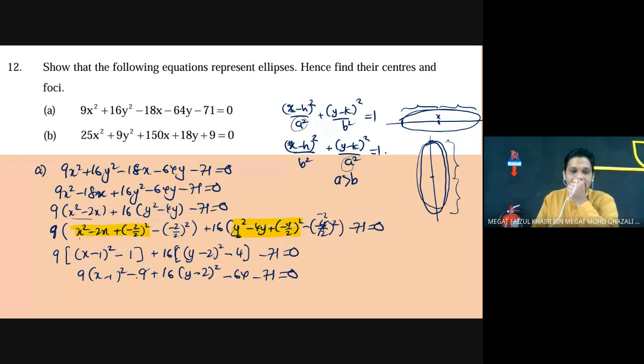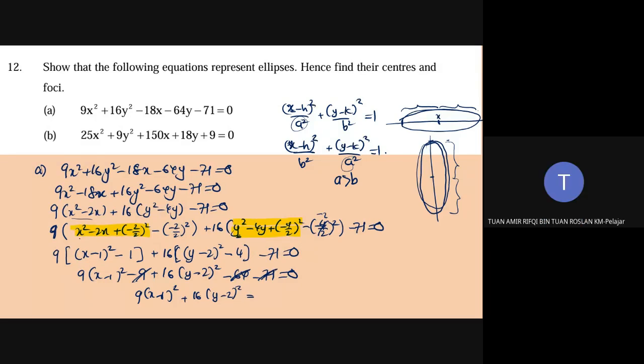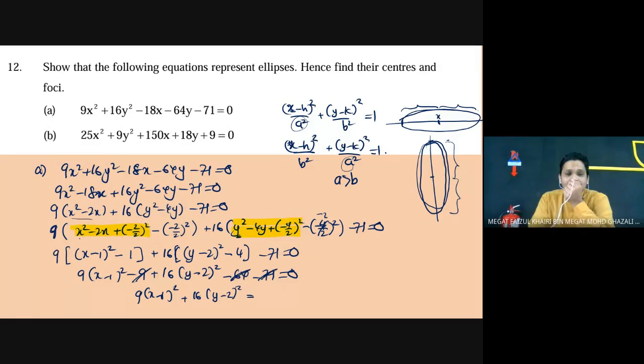So now class, what is negative 9 minus 64 minus 71? 144.